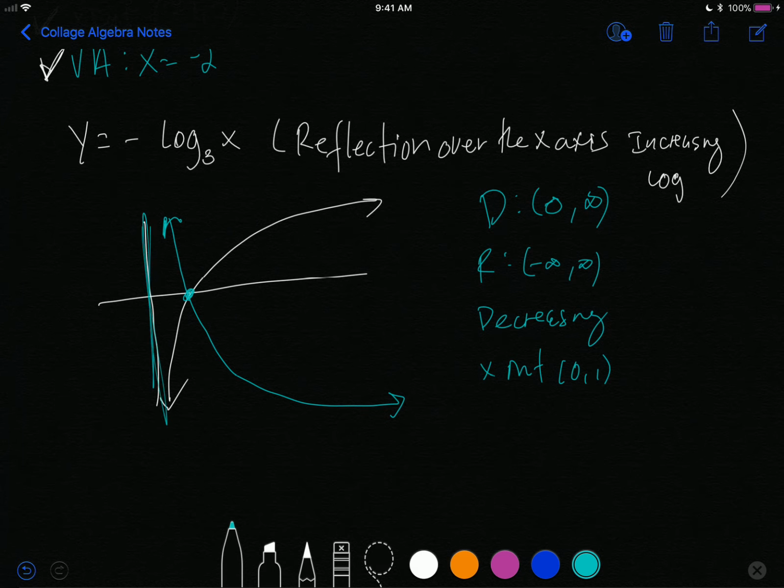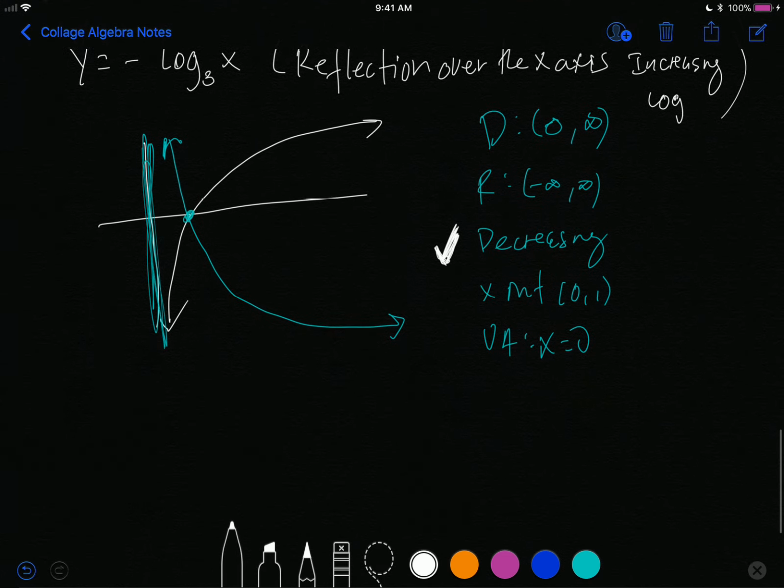And my vertical asymptote stays the same. So when I reflect the graph in the x-axis, only one of the 5 properties changes, and that is that it used to be increasing, now it's decreasing.